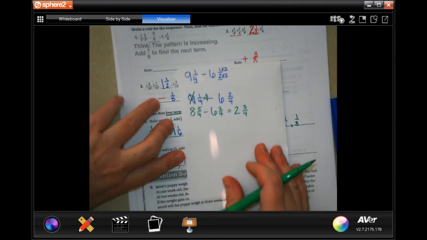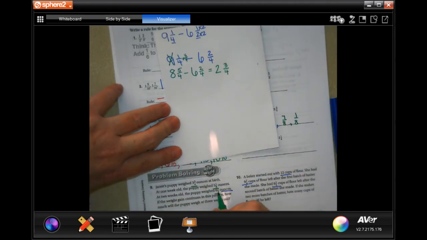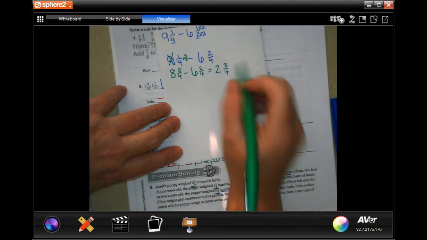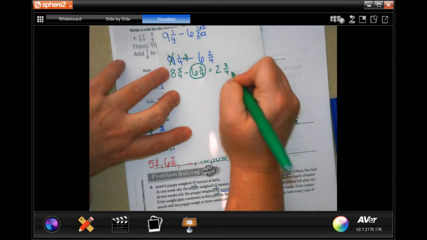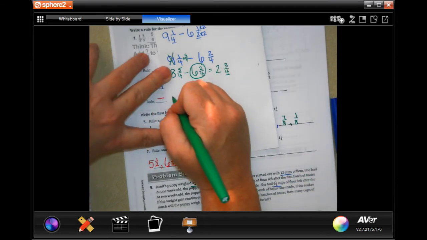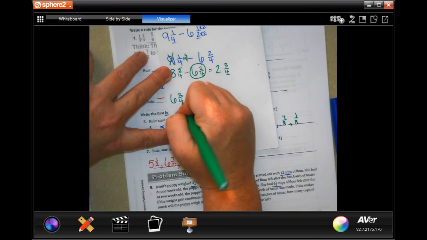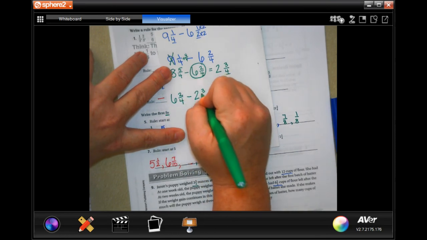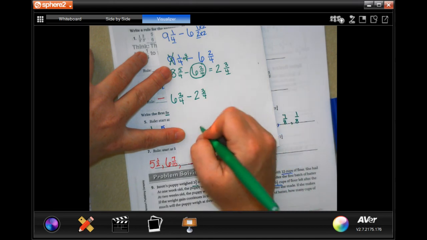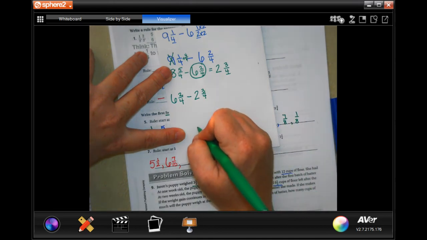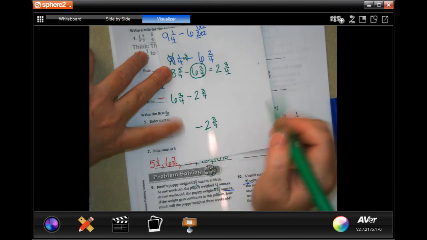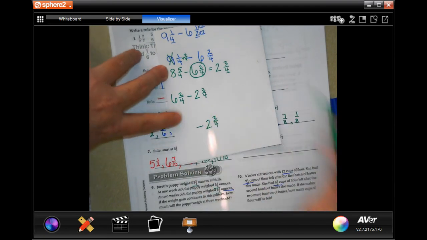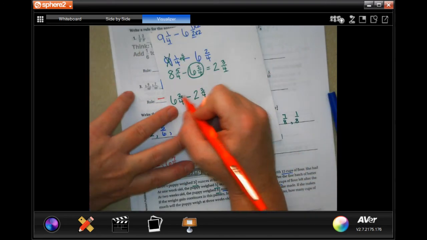Okay, so now I need to start with the 6 1/2 cups and take away 2 3/4 every time. Well, I know 6 1/2 is the same as 6 2/4, so I'm going to keep my common denominator. Okay, so 6 2/4 minus 2 3/4. Then I need to again make one more minus 2 3/4 once I find the answer there. Okay, so 2 cannot take away 3.